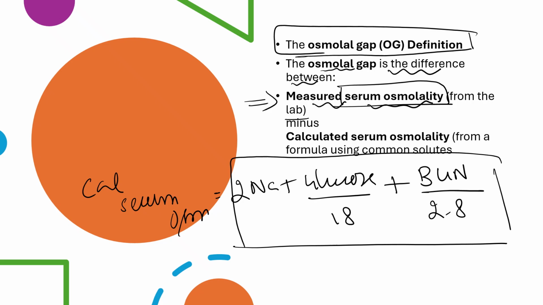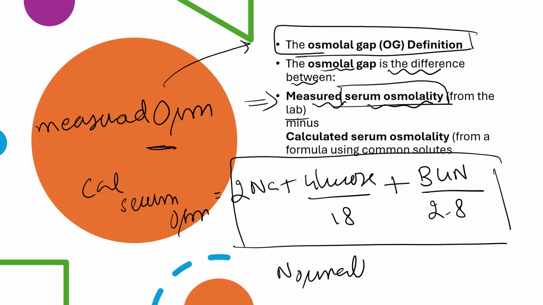So if you have a measured osmolality from blood and you subtract the calculated serum osmolality from it, you will get the osmolar gap. Normally the osmolar gap should be less than 10.